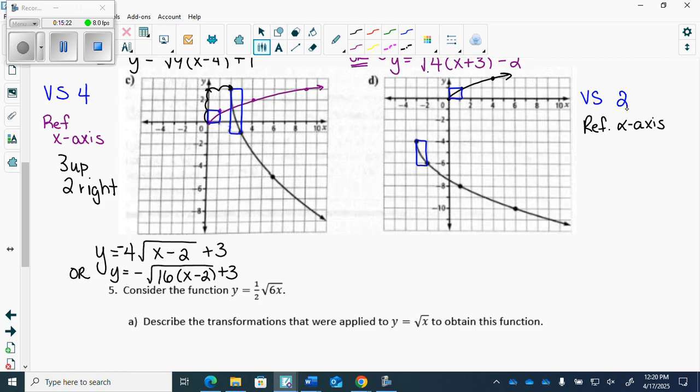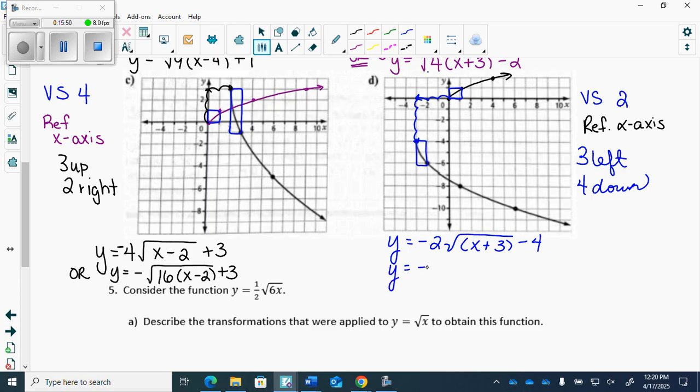And then I move 1, 2, 3 left and 1, 2, 3, 4 down. So we have y equals negative 2 square root x plus 3 minus 4. You bring the 2 inside and it becomes a what? 4.